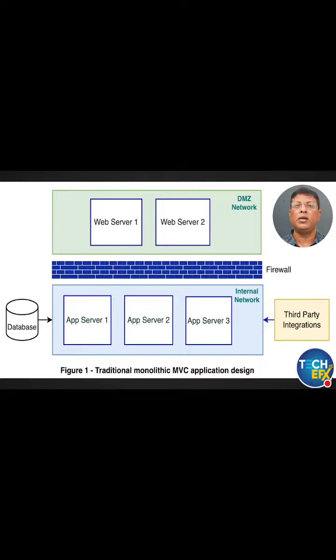These servers are deployed in the organization's internal network and shielded from being directly exposed to the internet. This archive file would communicate with the backend databases, other data stores, or would integrate with third-party services using web services or asynchronous integration mechanisms.